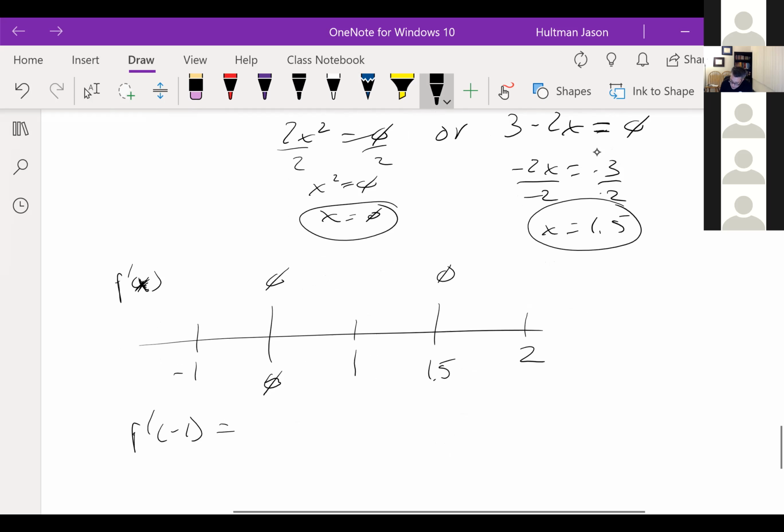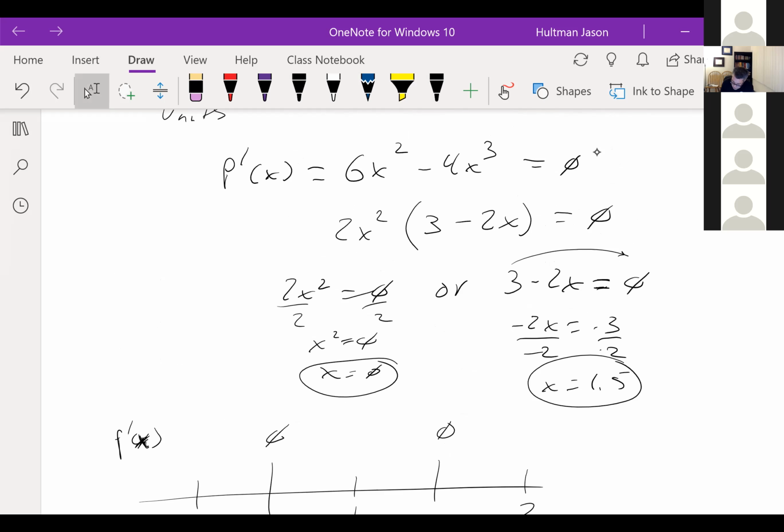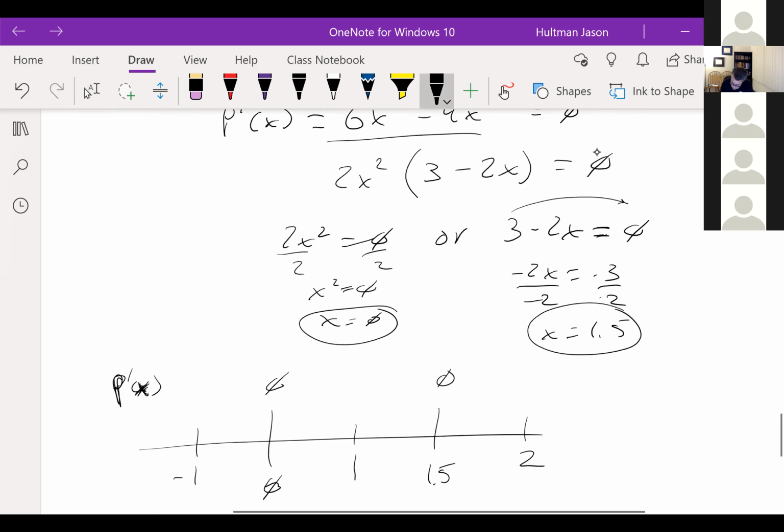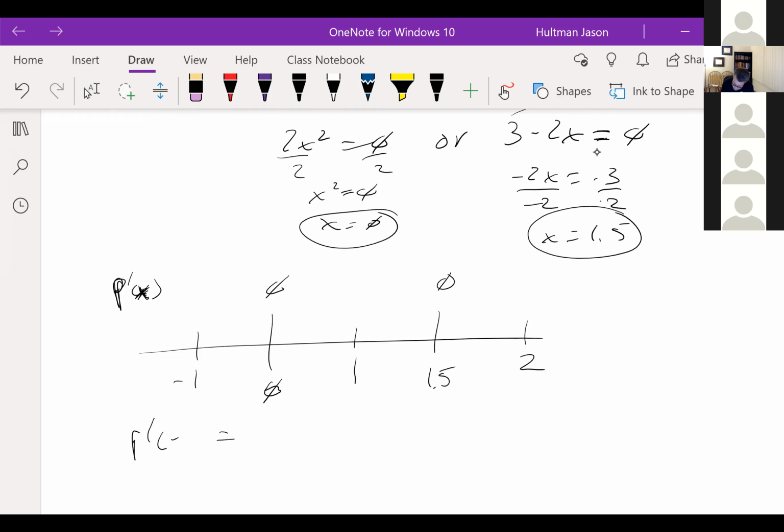Well, what was f prime of x? P prime of x, I should call this p. P prime of x was this guy here, negative 6x squared minus 4x cubed. So maybe I'll bring that down so I have it for reference. We have p prime of x is equal to 6x squared minus 4x cubed.